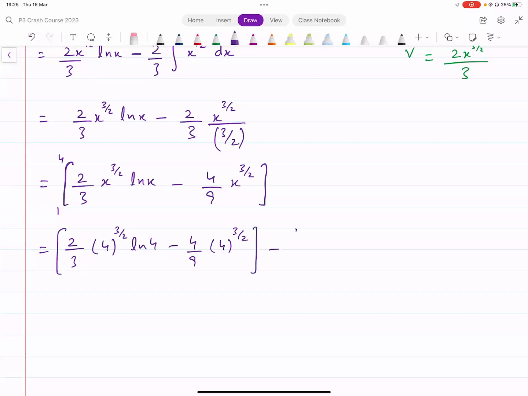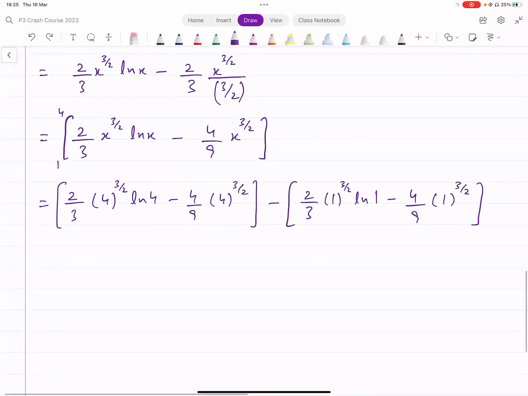Subtract from this the case when we input 1 there, and that is going to give us 2 over 3 into 1 raised to power 3 over 2 into ln of 1 minus 4 over 9 into 1 raised to power 3 over 2. This step is necessary for you to show. You can't skip this step. You have to input values and show the examiner what values we're inputting.